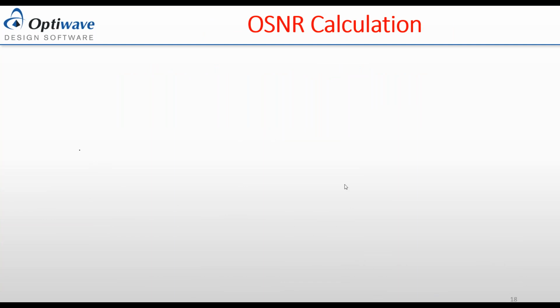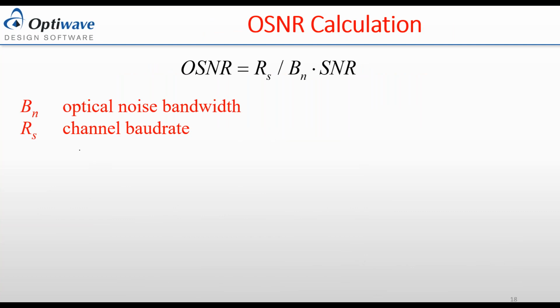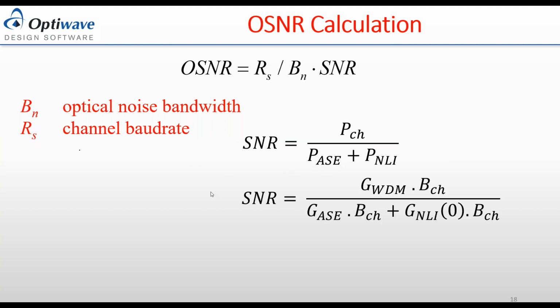Now, once we calculate the power spectral density, we should be able to calculate the power from the bandwidth of the noise. The optical noise bandwidth is given by Bn, and the channel baud rate is Rs in this equation. So we can calculate the optical signal to noise ratio from the electrical signal to noise ratio using this relationship. And the electrical signal to noise ratio is the power of the channel over the noise coming from the EDFA and from the nonlinear interference.